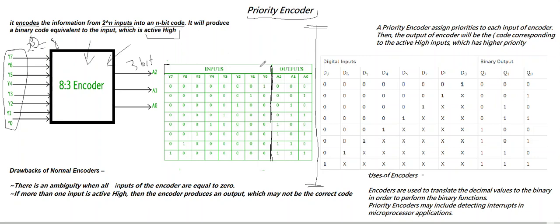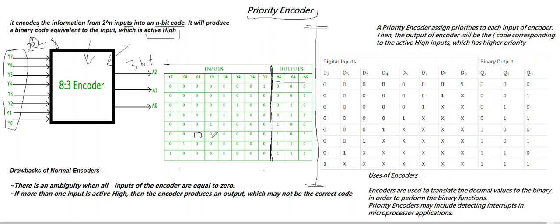You can see this from the truth table here. I have my 8 input lines Y0 to Y7, and A2, A1 and A0 are my outputs. Now let's take an example of Y5. It is high, and the other inputs are 0.